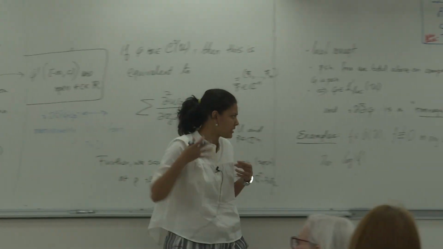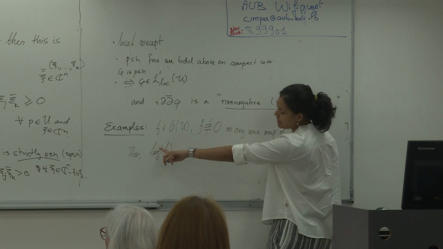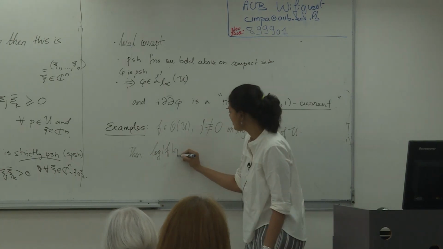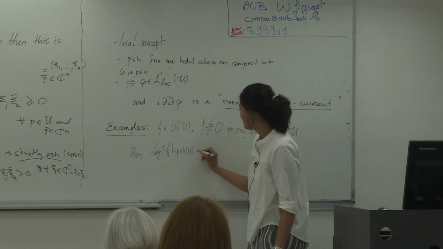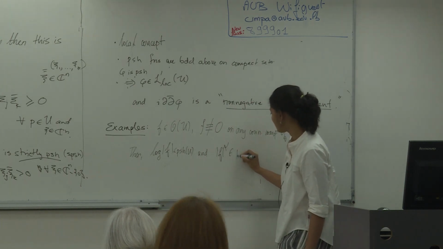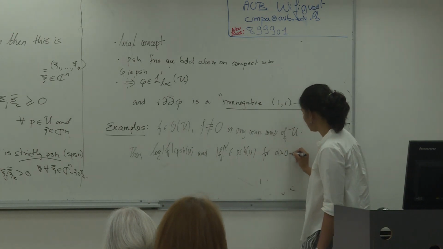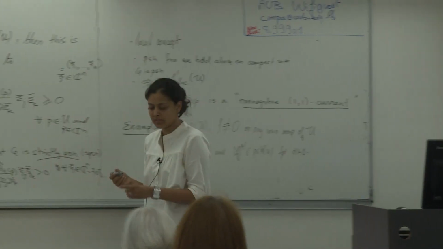In fact, those are the interesting sets, the interesting places from the point of view of PSH functions. So this is PSH, and absolute value of f to the alpha is also PSH for positive alpha. Okay, so these are some good class of examples to keep in mind.